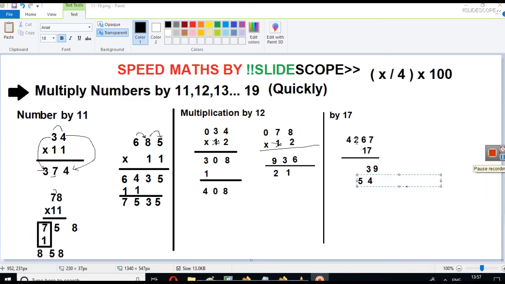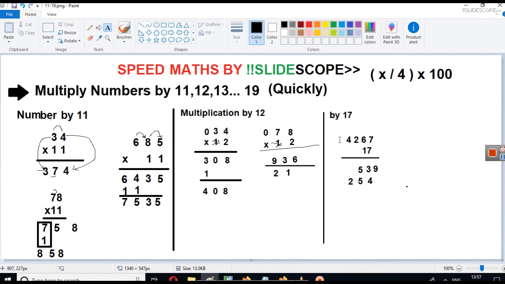Now 7 into 2 is 14. 14 plus 6 is 20, and 20 plus 5 is 25. So you will write 5 here, and 2 will be carried.